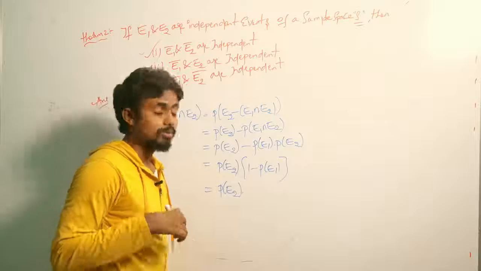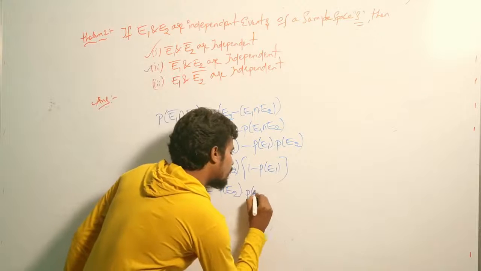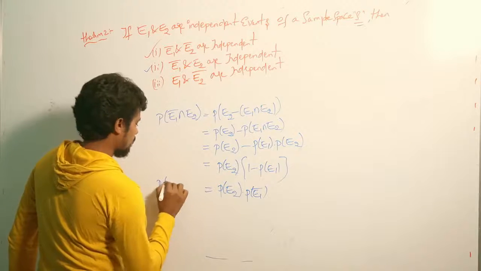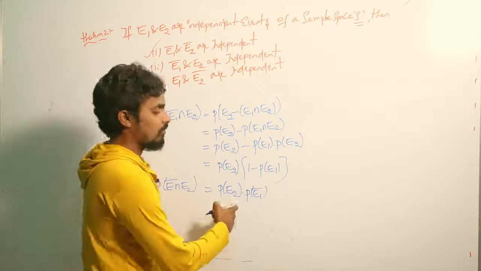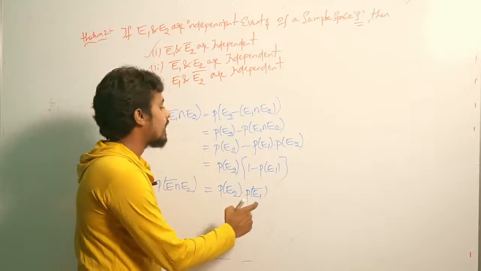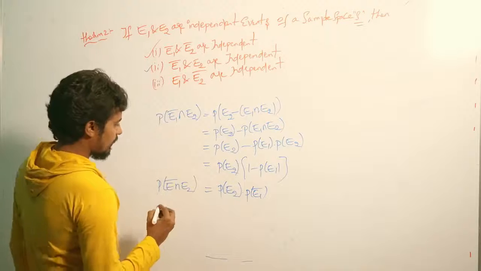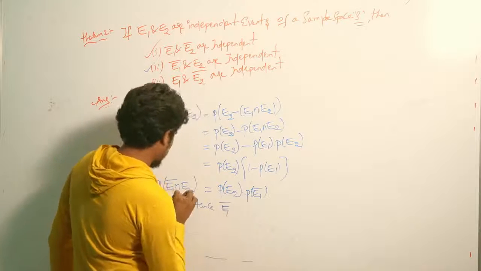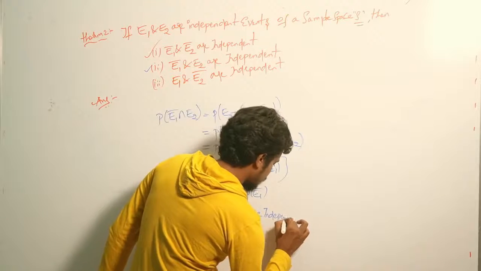If you want to put the complement, that will become P of E1 bar. This will be P of E1 bar into P of E2. Here you can see clearly one variable will not affect the other variable. One will be in the normal form and the other in the complement form. Hence we say these are independent events. Hence, E1 bar and E2 are independent events.